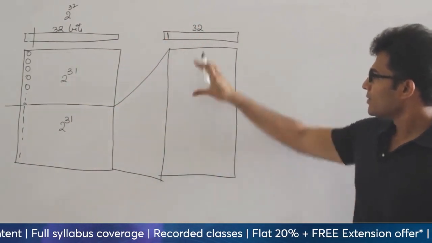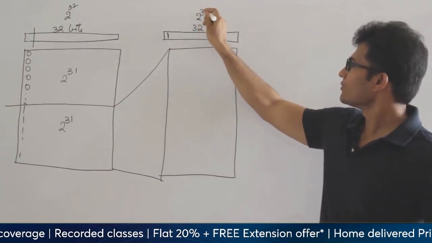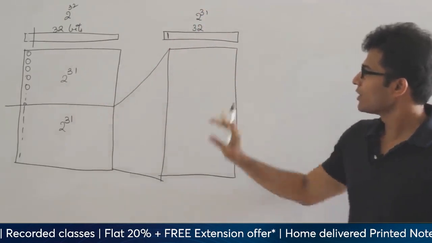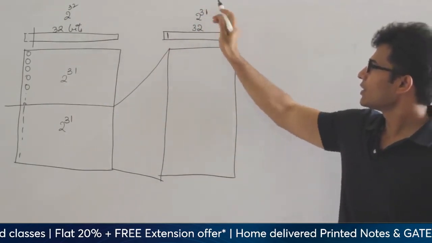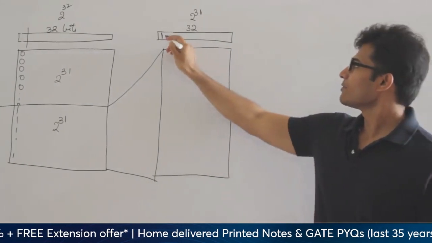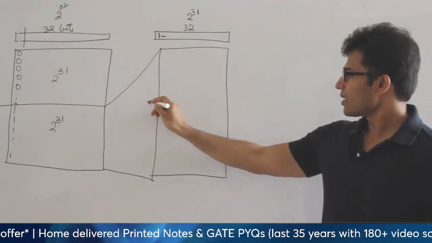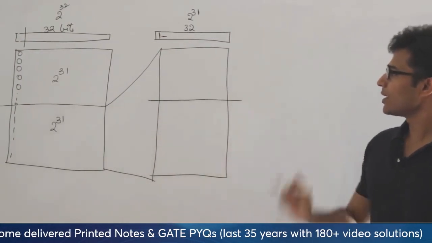Now in the remaining part, the size of this total part is 2 power 31. So in these 2 power 31 numbers, I am going to choose the second bit. If I choose the second bit, then I am again dividing the entire addresses into two parts.